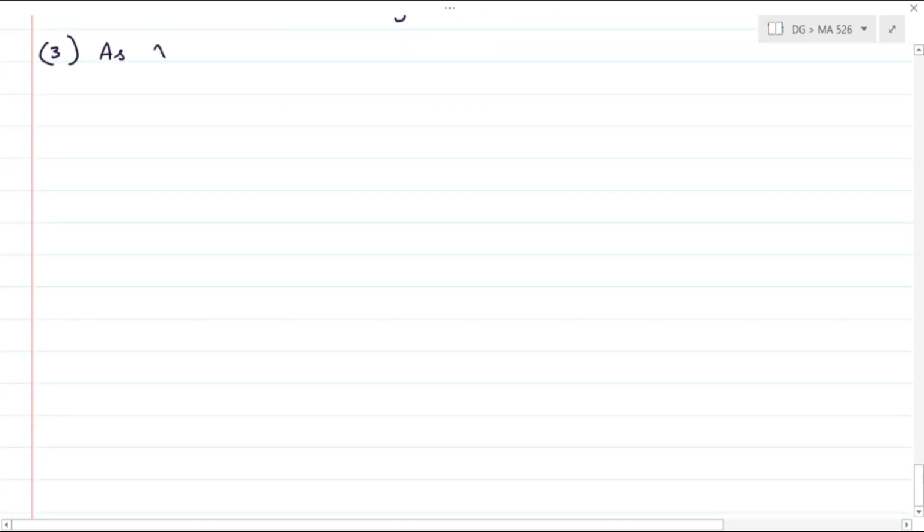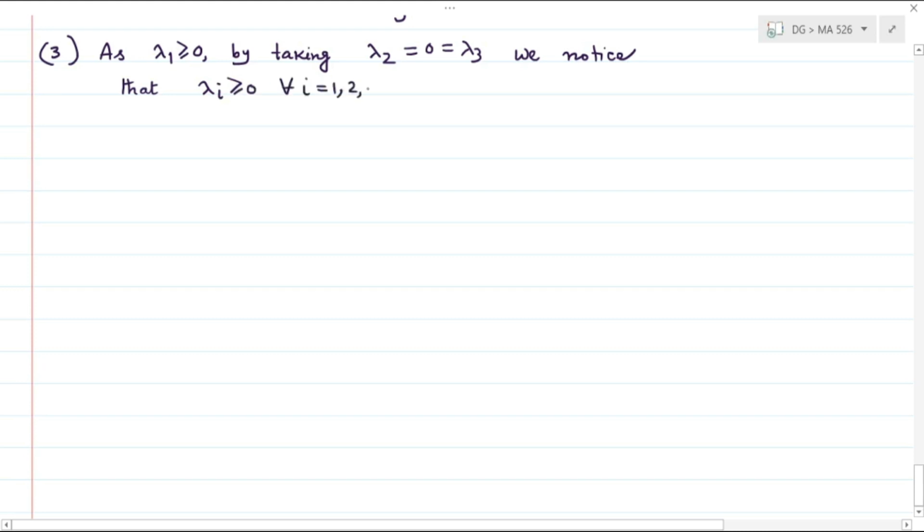as lambda 1 is greater than or equal to 0, by taking lambda 2 equal to 0 equal to lambda 3. We notice that the lambda i's are all greater than or equal to 0 for all i = 1, 2, 3. Why am I taking lambda 2 equal to 0 equal to lambda 3?